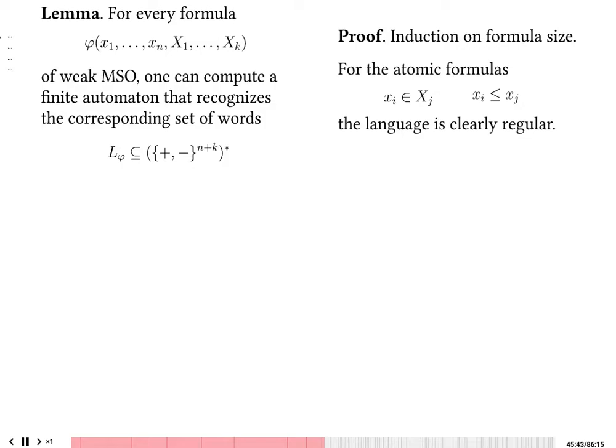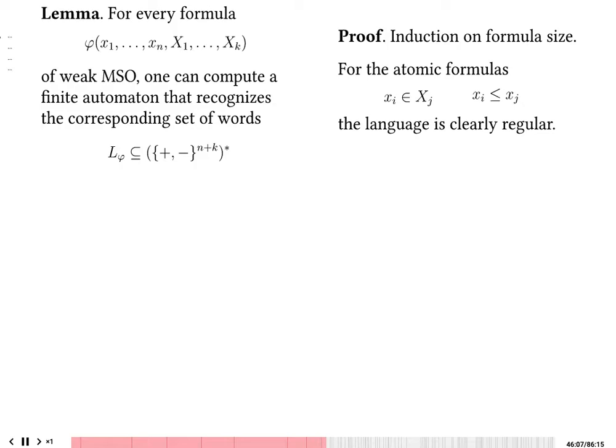It should also check that for every first order variable, there is at most one column which contains a plus in the corresponding row. And again, this can be tested by a finite automaton. The other type of atomic formula is that xi is before xj, and this is just an automaton which checks what? It scans the columns of the word.